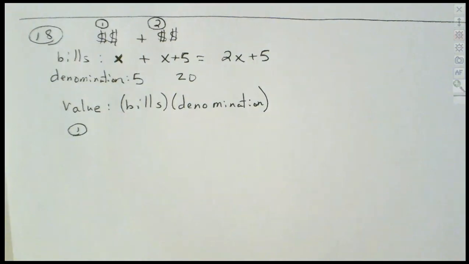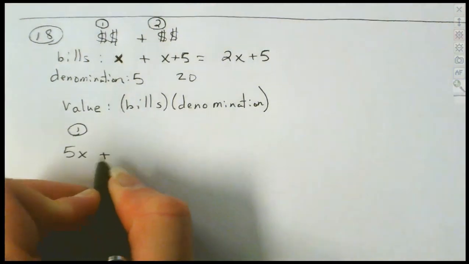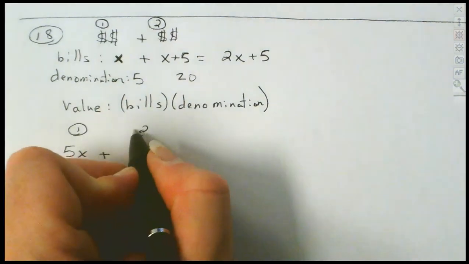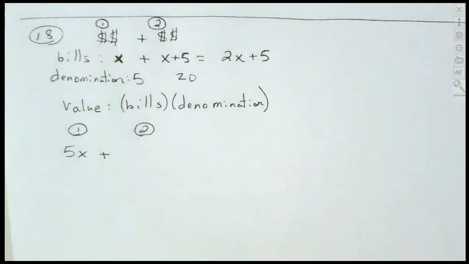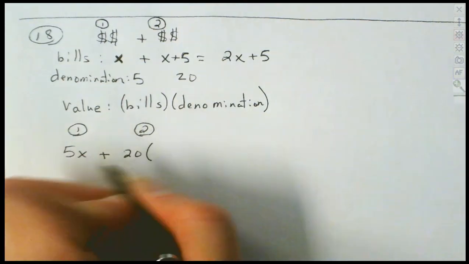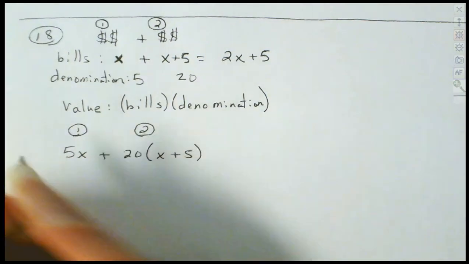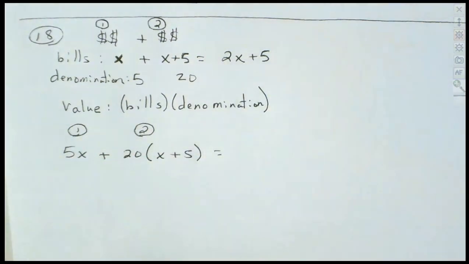So let's see what we've got in the first one here. Okay, bills times the denomination. So that's going to be 5X. The second one, $20 bills. So that's your 20 here. And how many do we have? X plus 5. And how much are those total bills going to combine together to give you? Well, if I put all the bills together, then I get $750.